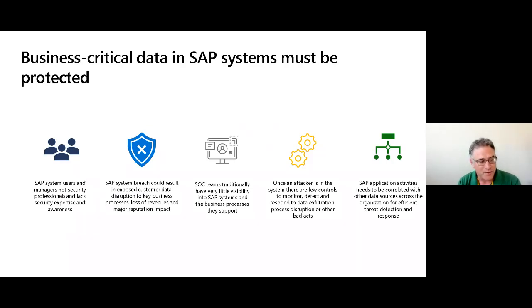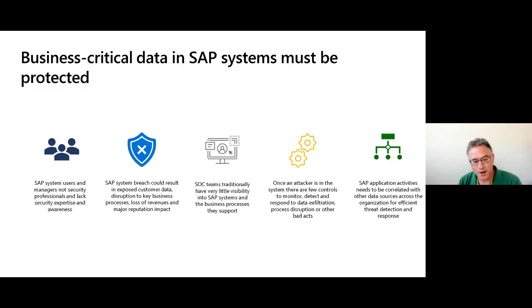And on the other hand, we experience that many of the users who are part of an organization that employs SAP for those purposes lack the security expertise or the awareness to actually deal with such an attack. And everybody can ask themselves, what kind of controls, what kind of handles do we have on SAP systems today?